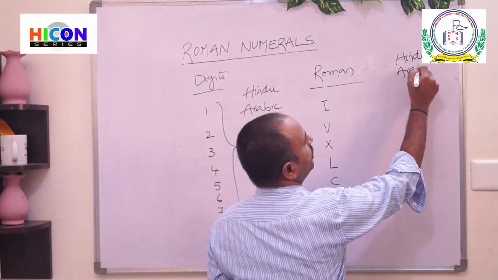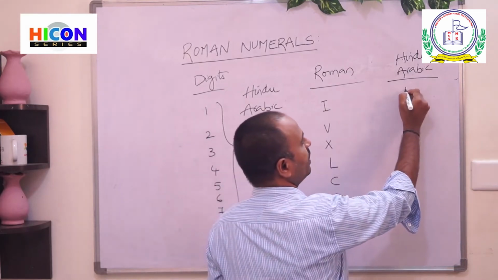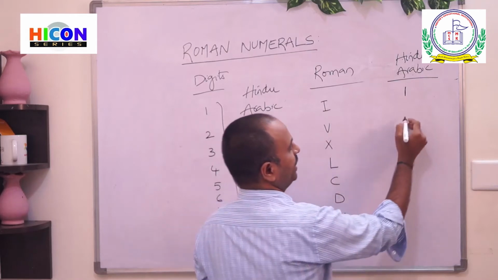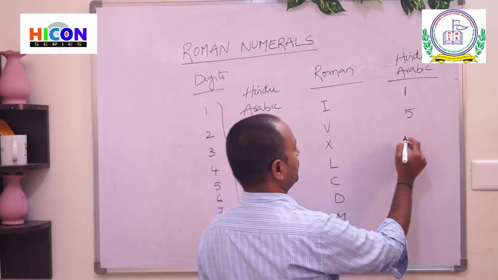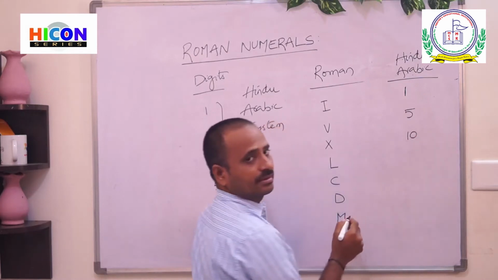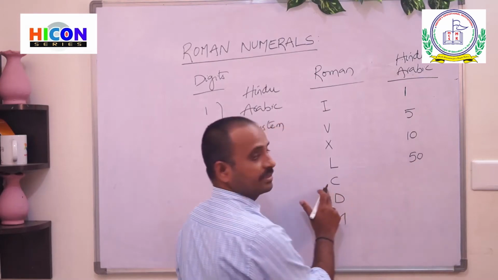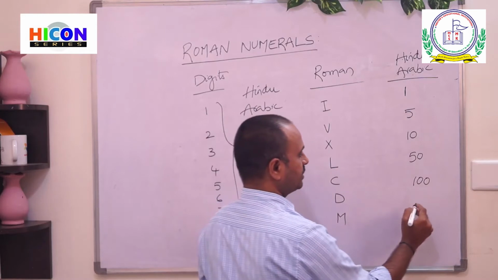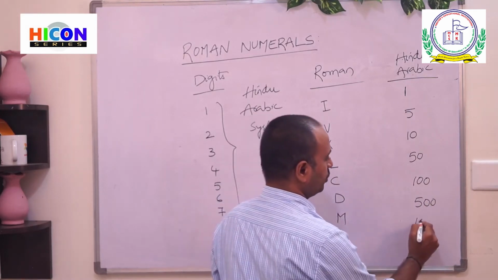In the Hindu-Arabic system, I means 1, V means 5, X means 10, L means 50, C means 100, D means 500, and M means 1000.